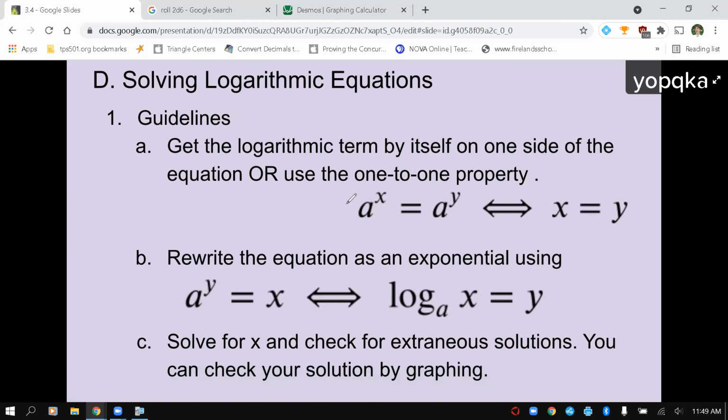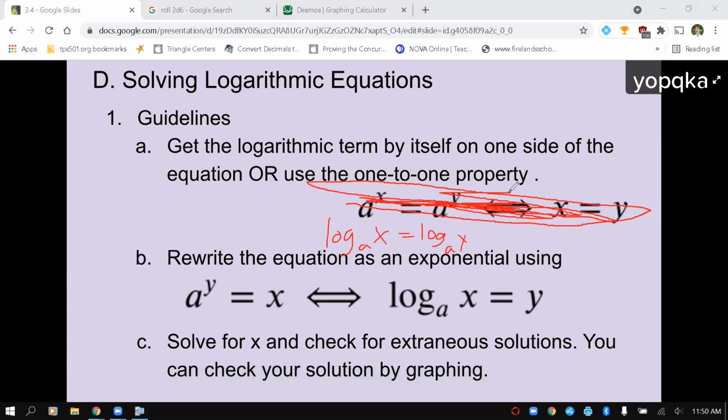Log base A of X is equal to log base A of Y, if and only if X is Y. So if you have 2 logarithms and you get them equal to each other, then the logs will cancel out and you'll just have X is equal to Y. Otherwise, you get the logarithmic term by itself, then you rewrite it as an exponential using the exact same rule. Then you solve for X.